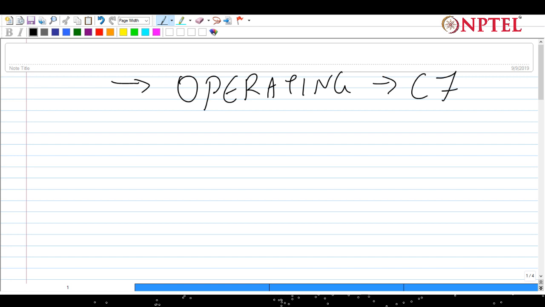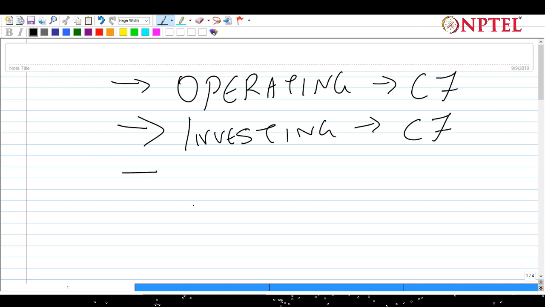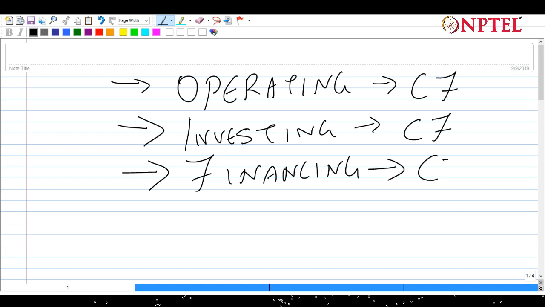The second category is investing activity. The third basic category is financing activity leading to your cash flows. These are the three core activities under which the money that comes in and the money that goes out are divided.